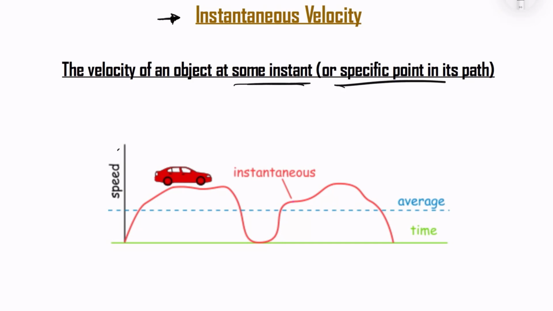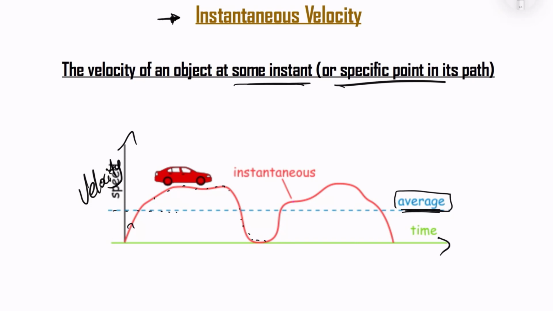We have a graph of velocity versus time. As you see, this red line gives us information about the velocity, the speed of the car, and the blue line gives us information about the average. But now our point is the instantaneous velocity.